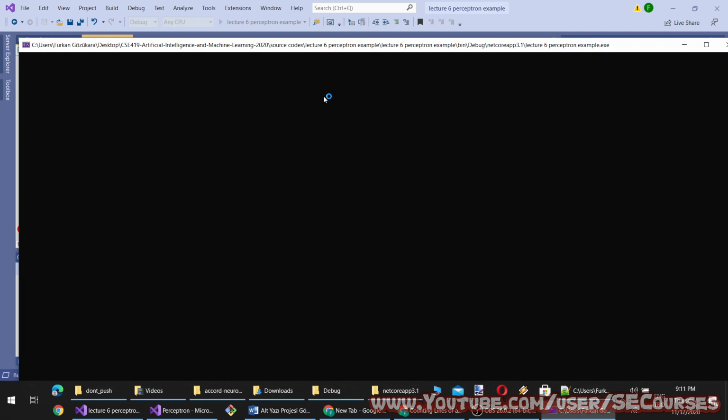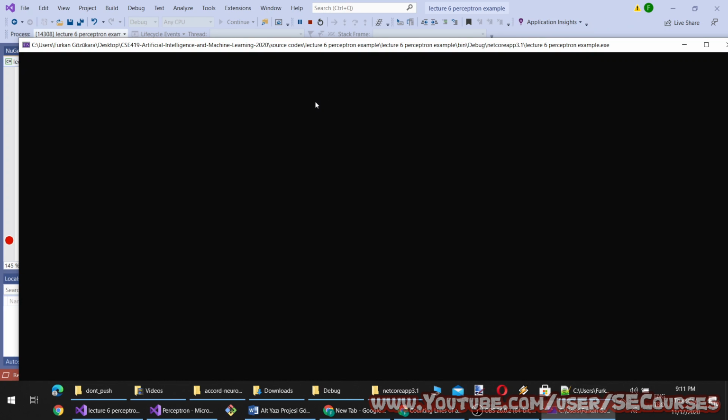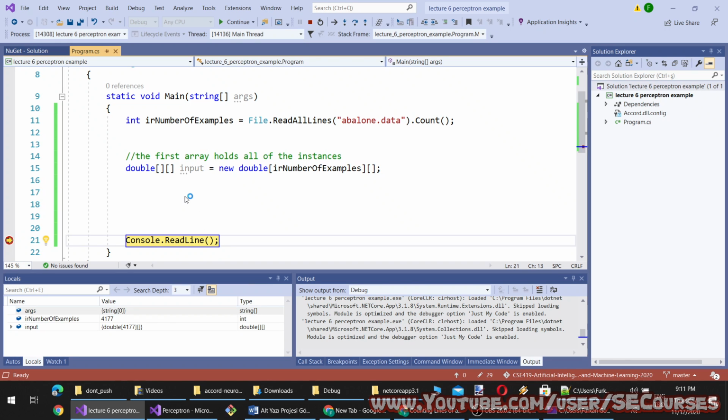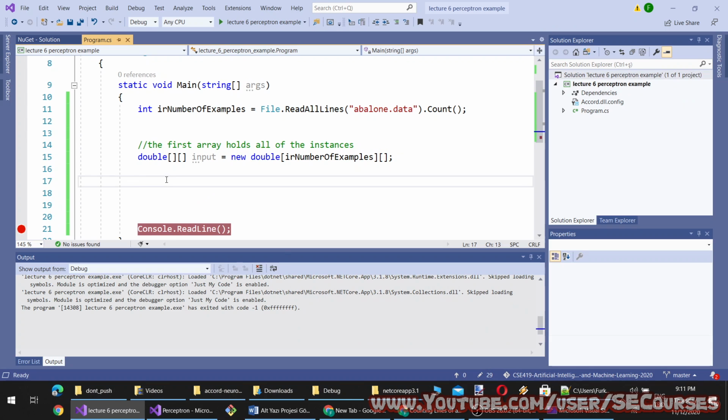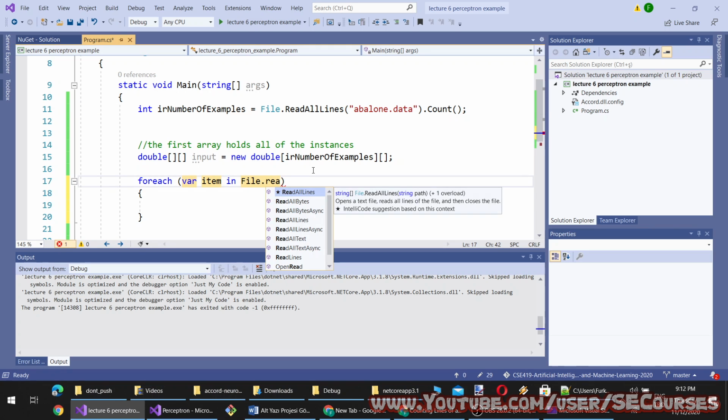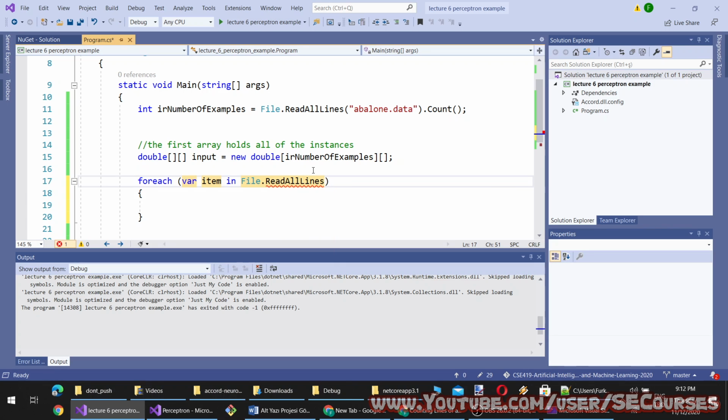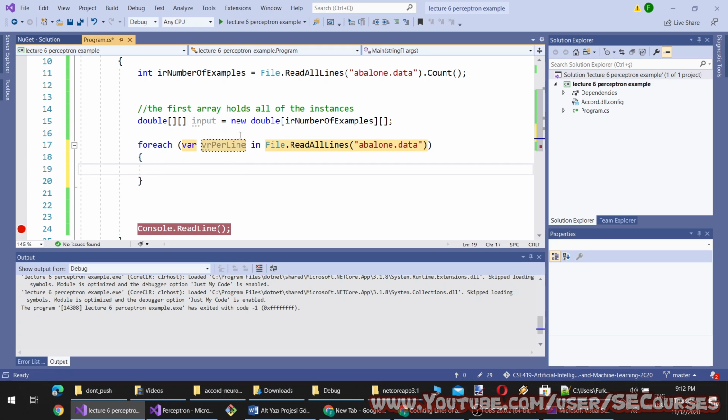Okay, I put a breakpoint. Okay, so the array is initialized. Now I am going to read the data. To do that, I'm going to do ReadAllLines or ReadLines. We don't need that. Then I am going to make it like this.